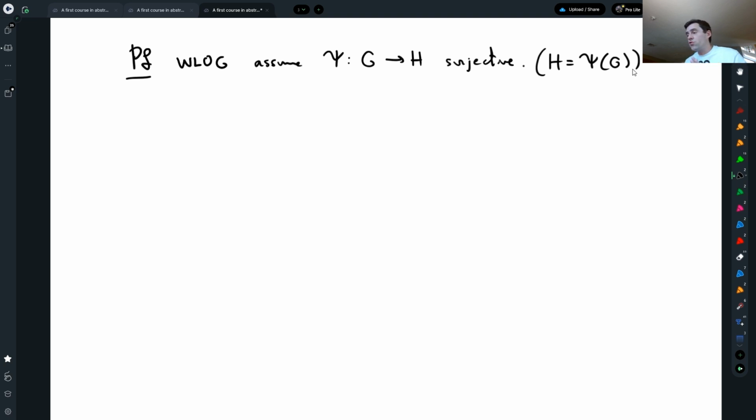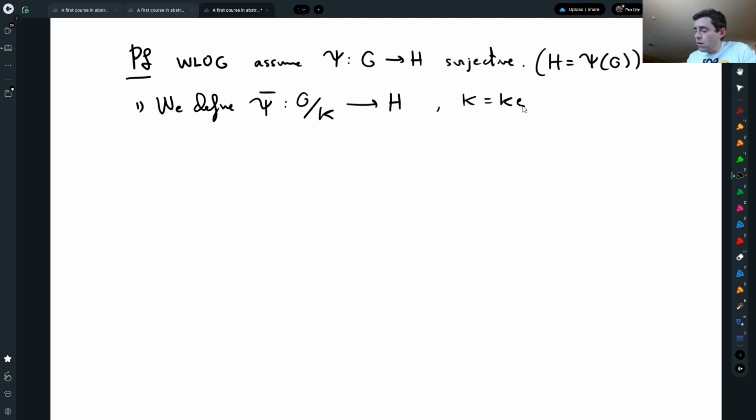So I'm going to just assume that it's surjective, so I don't have to keep writing psi of G. And the very first thing to check is that we define psi bar from G/K to psi of G, so now it's just H, where K is the kernel of psi, and this was defined by gK going to psi of g. And so we want to check that this is well defined.